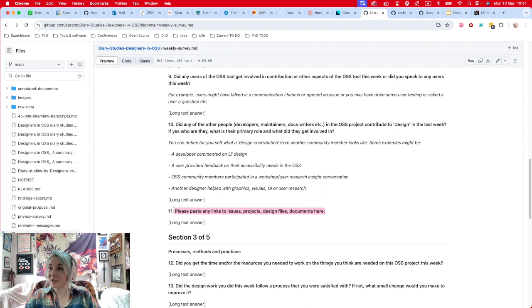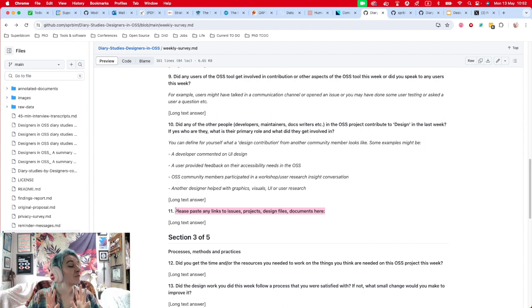This was one of my favorite questions, and one of the things I was saddest about with this project was that we couldn't make it openly available, for protection, privacy, and security reasons of our participants. But we asked them if they were comfortable pasting links to publicly viewable issues, design files, documents, or projects that they had been working on that week.